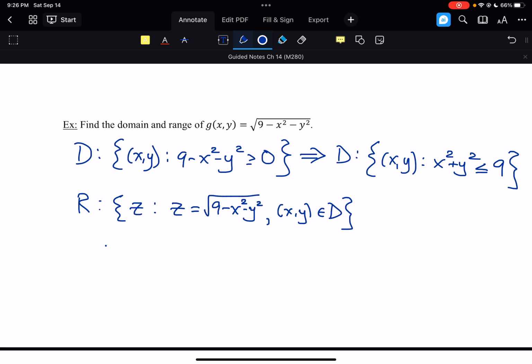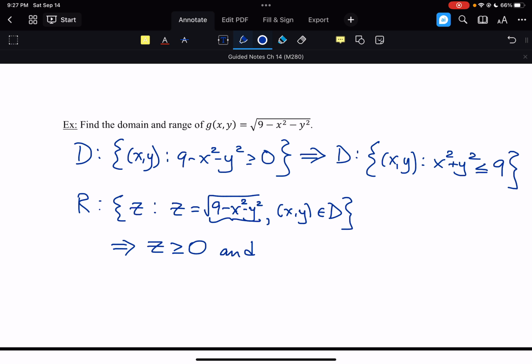So if we look at what this means for our z values, we know that the output of this square root function cannot be less than 0. It can't be negative. So that means our z is going to have to be greater than or equal to 0. And if we want to look at an upper bound on the range, to see what is the largest that it could be, well, this gets the smallest when x and y add up to 9.